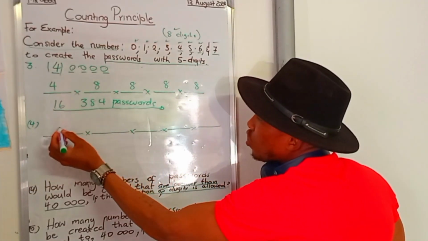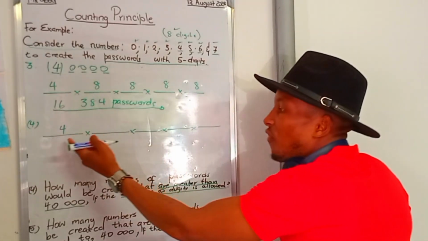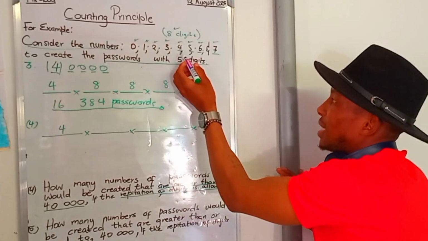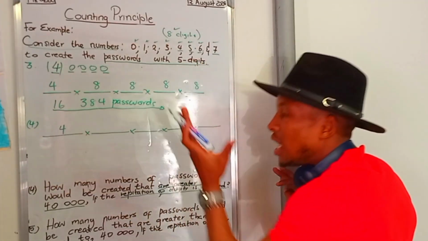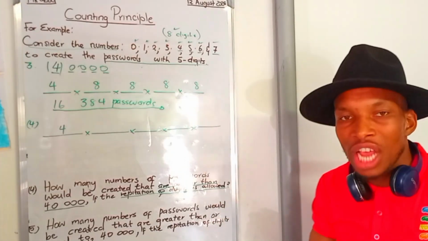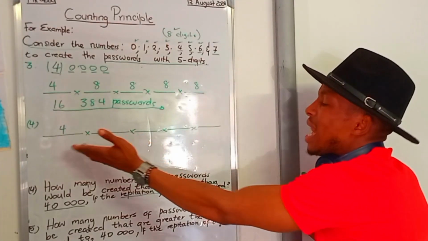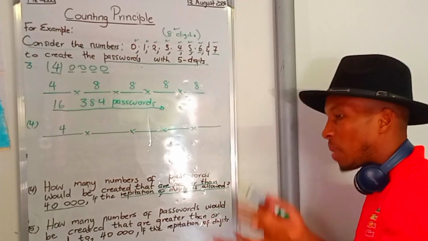Therefore, that's the first event. We are going to create a code, but that code must start with these 4 digits in the first space. The repetition of digits is allowed, so we use the number here, then put it back on the total sample space.